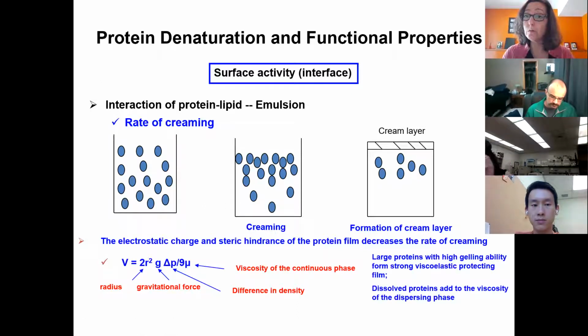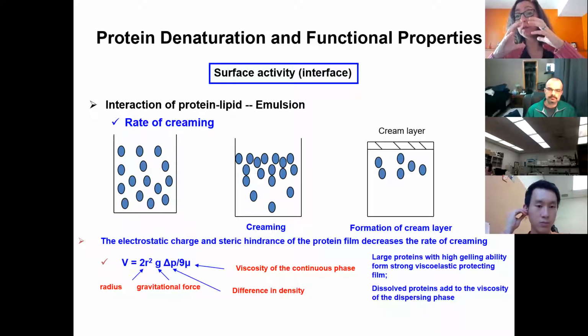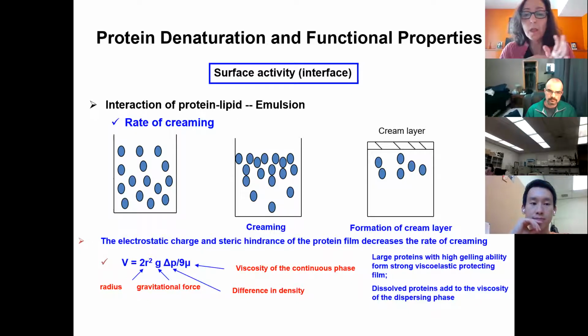And if we think about proteins, if you have larger proteins or soluble aggregates that you're able to form by processing or thermal treatment, the more ability you have to form protein-protein interactions at the interface and have a strong viscoelastic film that resists coalescence and breakage.